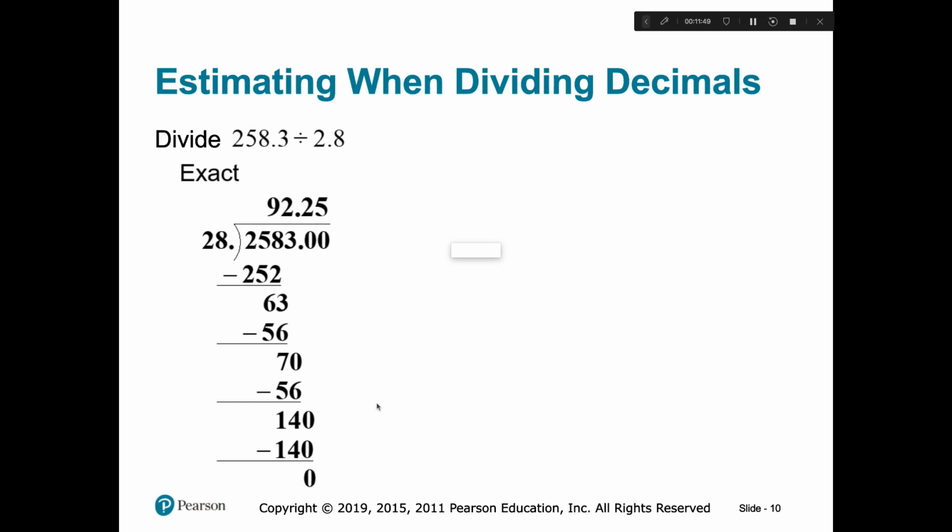In order to check and see if our answer is correct, we can estimate. What would we round 28 to if we were estimating? 30, or we could round that to 3. What could we round 258 to?